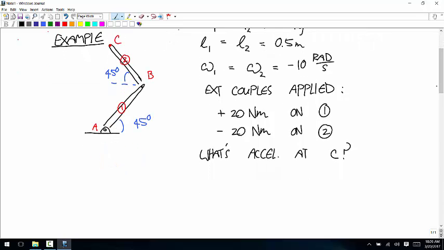All right, so let's do this calculation. What's the first step with linkages? So this is layers and layers of steps, but okay.